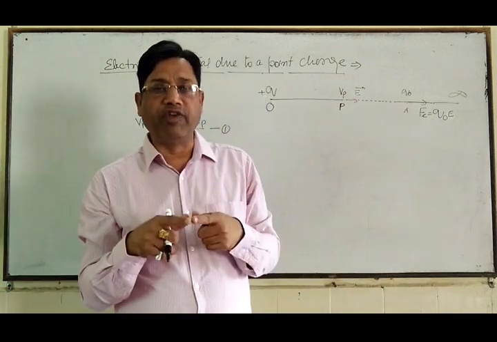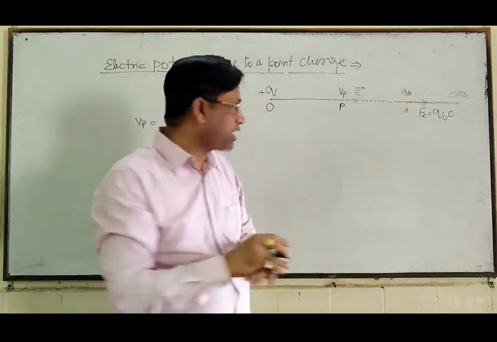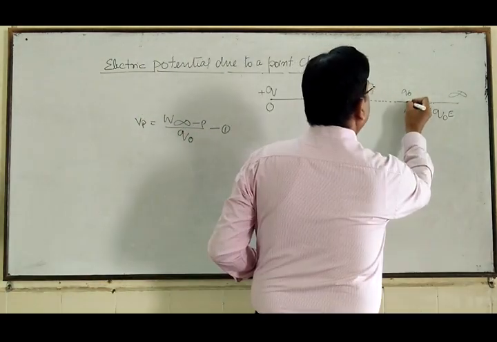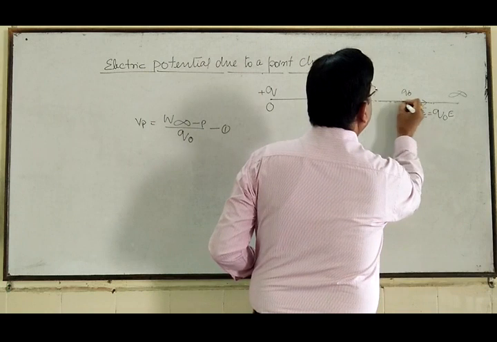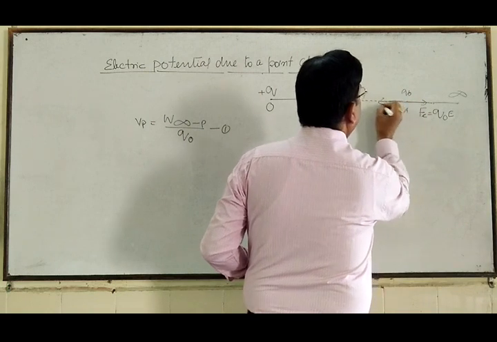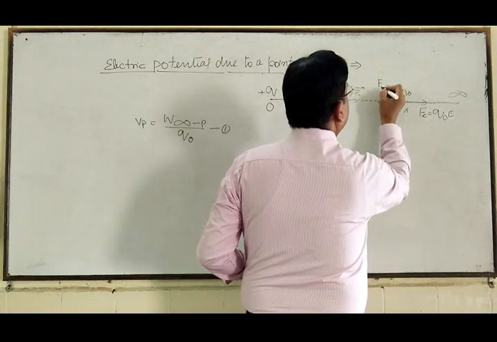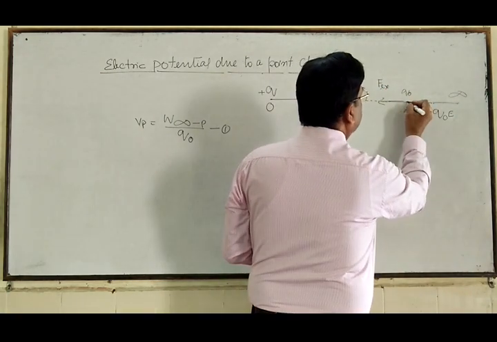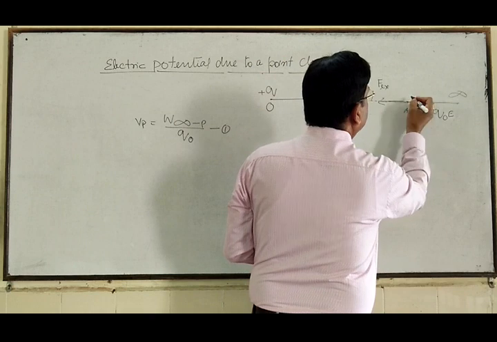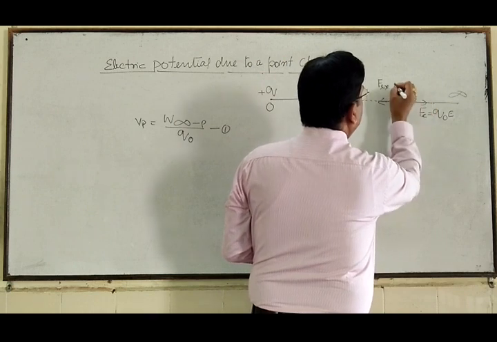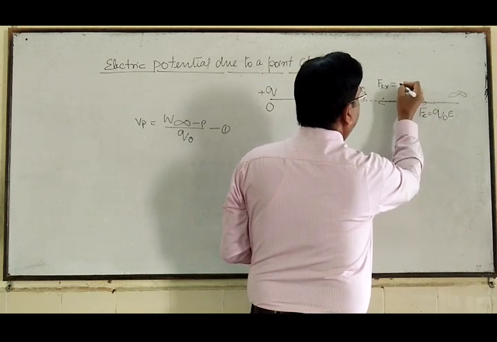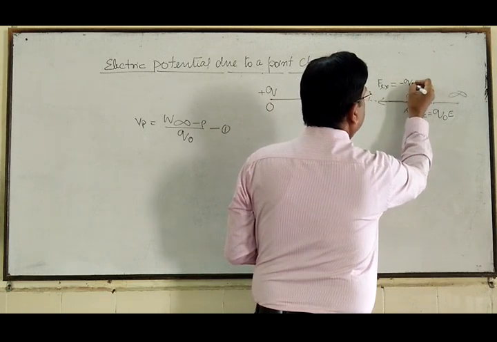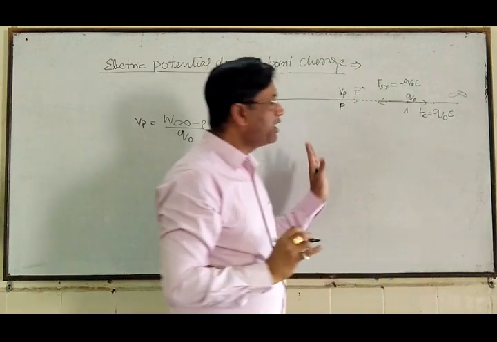The external force will do some external work. This external force F ex would be equal and opposite to the electrostatic force, minus Q naught E. Are you getting this?